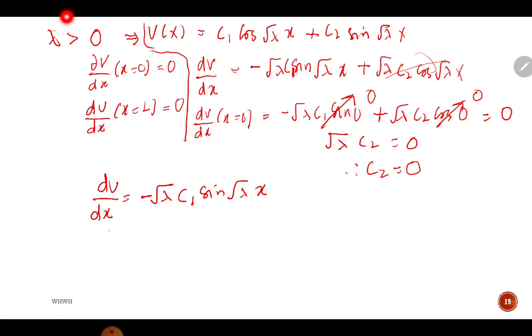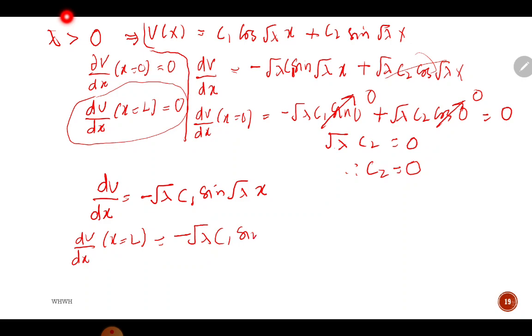Clear? Okay, so we come to the second condition here, dv over dx at x equals to L is equals to negative square root lambda C1 sin square root lambda L is equals to 0.